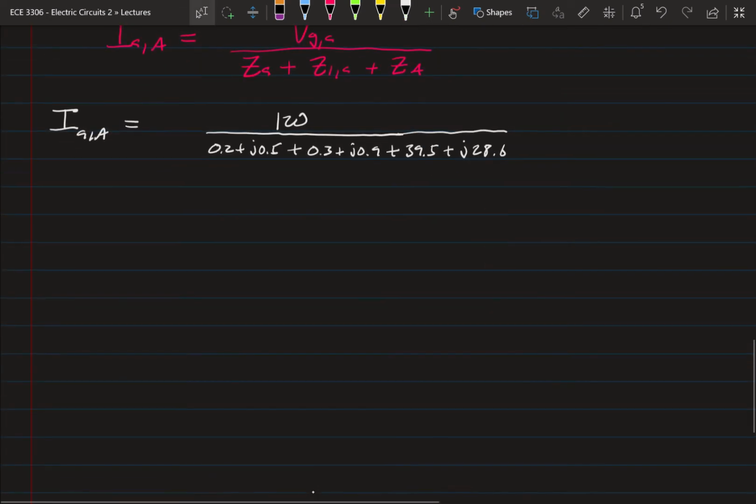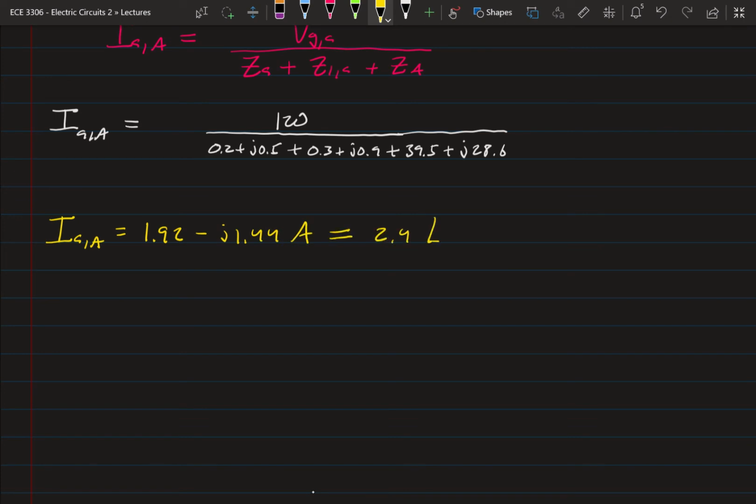So I'll leave it up to you to do that algebra, but if you do that, you'll get an IaA equal to 1.92 minus j1.44 amps, or as a phasor, 2.4 at minus 36.9 degrees amps.